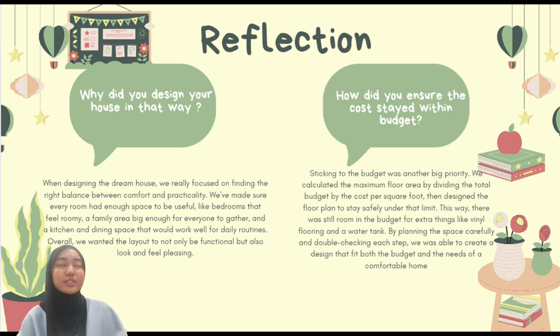This way, there was still room in the budget for extra things like vinyl flooring and a water tank. By planning the space carefully and double-checking each step, we were able to create a design that fit both the budget and the needs for a comfortable home.